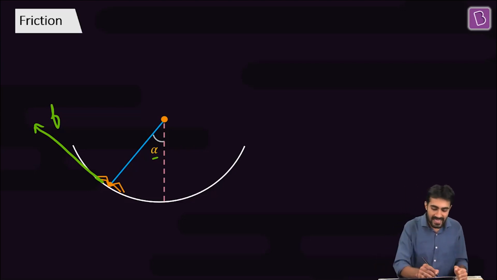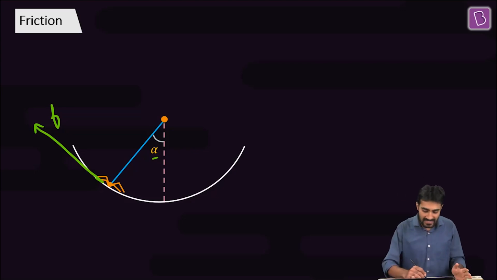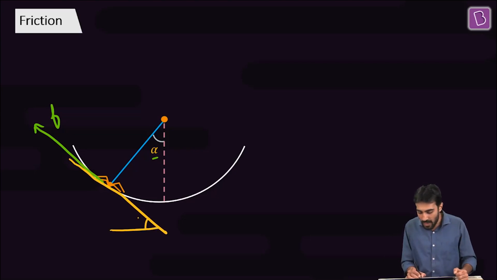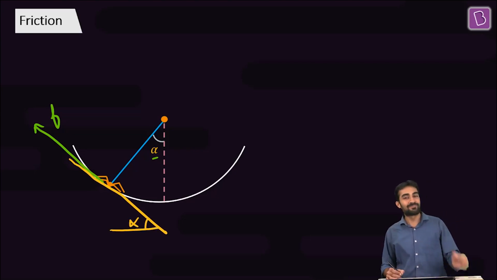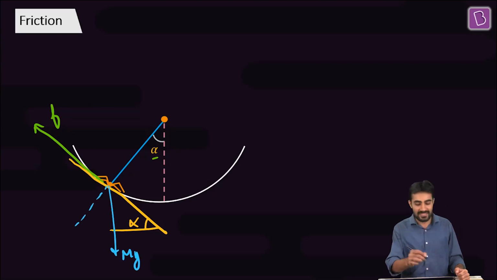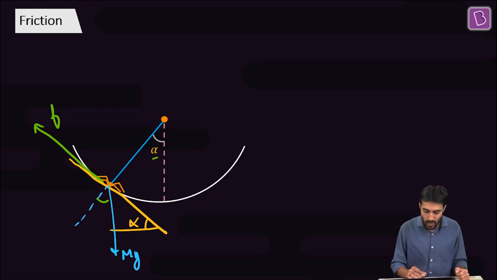Now, we can say that at this particular instance, the tangent to the surface is like this. It is making an angle alpha with the horizontal, right? We can see that. Now, if this angle is alpha, we can say that mg is acting in the downward direction like this, and the angle of mg with this line is also alpha.